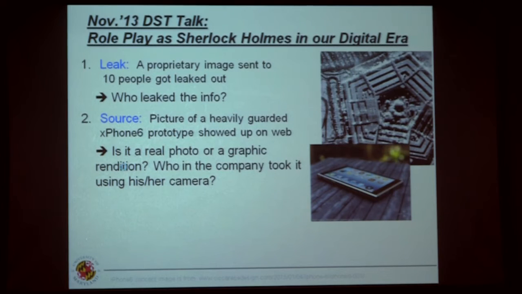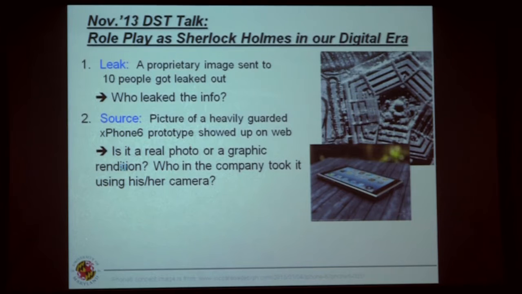The next question is, when we do not have this kind of proactive embedding for tracing, what kind of information can we gather? Considering a technology intelligence, business intelligence problem, we have a picture showing up on the internet that claims to be the next generation X phone prototype.